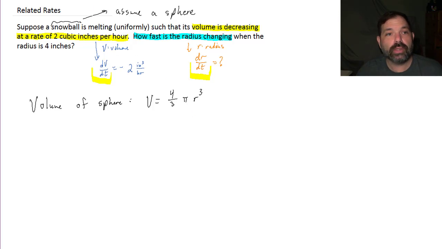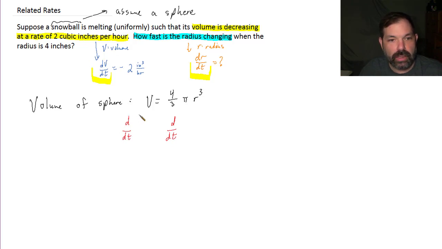So what I'll do is differentiate implicitly with respect to t. So let's find d/dt of both sides of this equation.